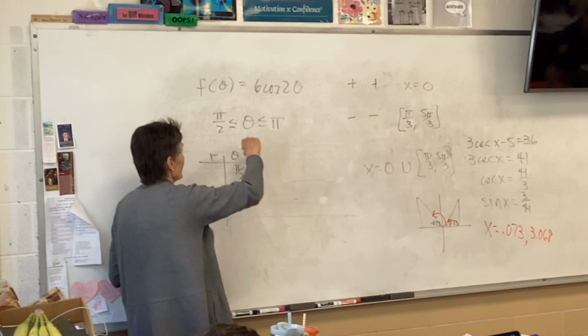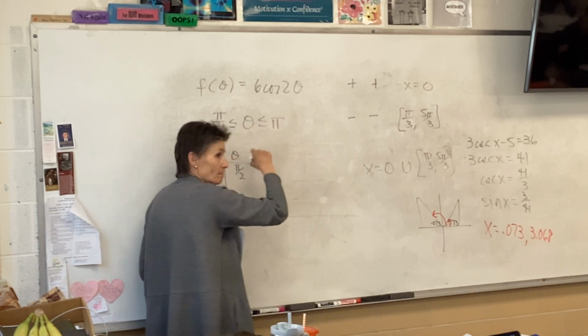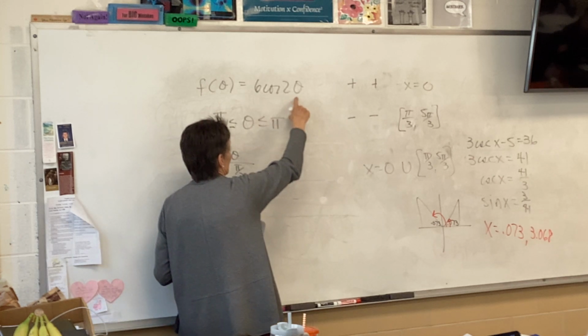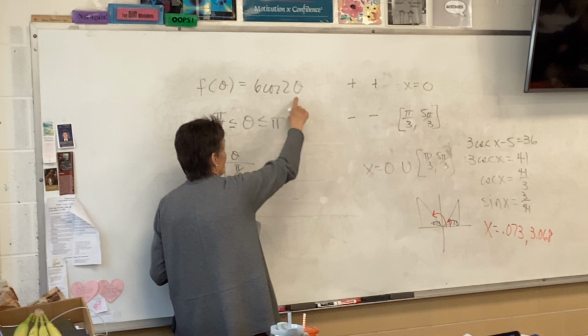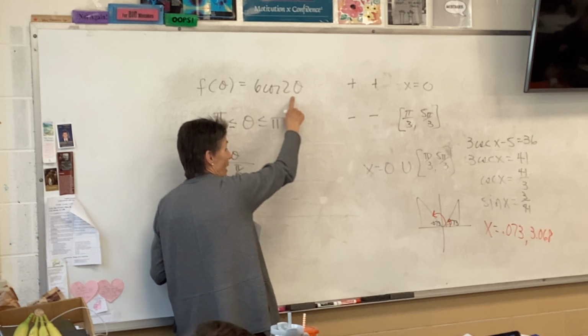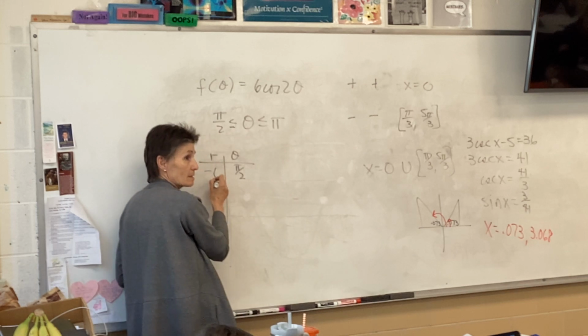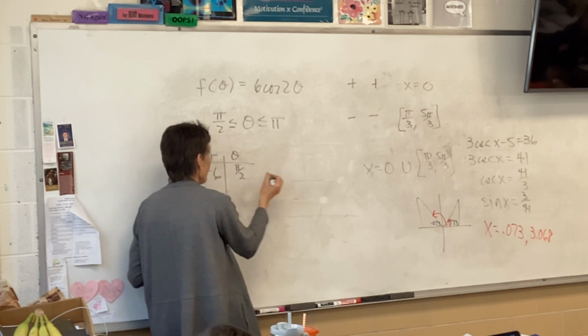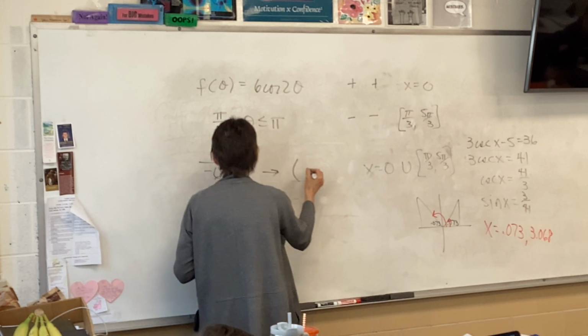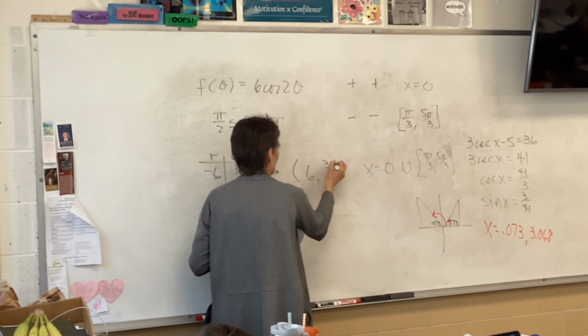So if I plug in pi over 2 for theta, it looks like I get, what? What's the cosine of pi? So I get -6. So that point is going to be plotted at 6 comma 3 pi over 2.